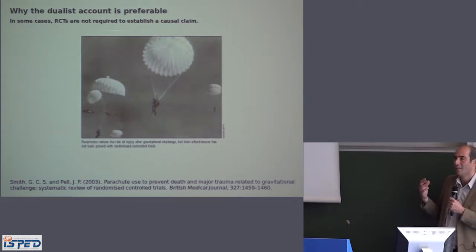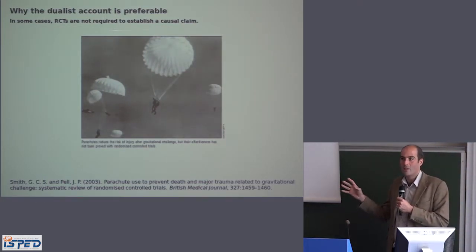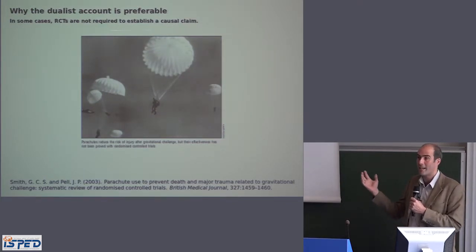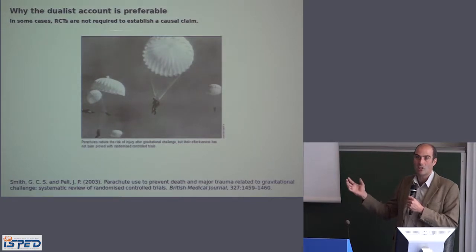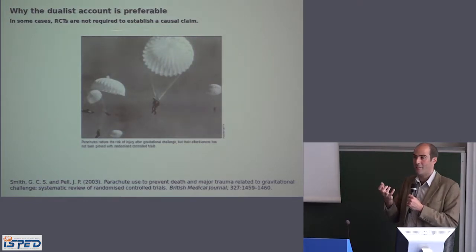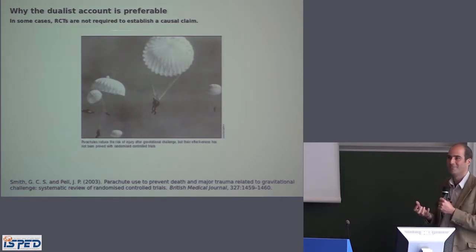Of course, this shows they're not required to establish a causal claim. Why not? In this case, it's because you know the mechanism of action. The mechanism of action is very well understood. That helps support the observational evidence that you've got of successful parachute jumps.